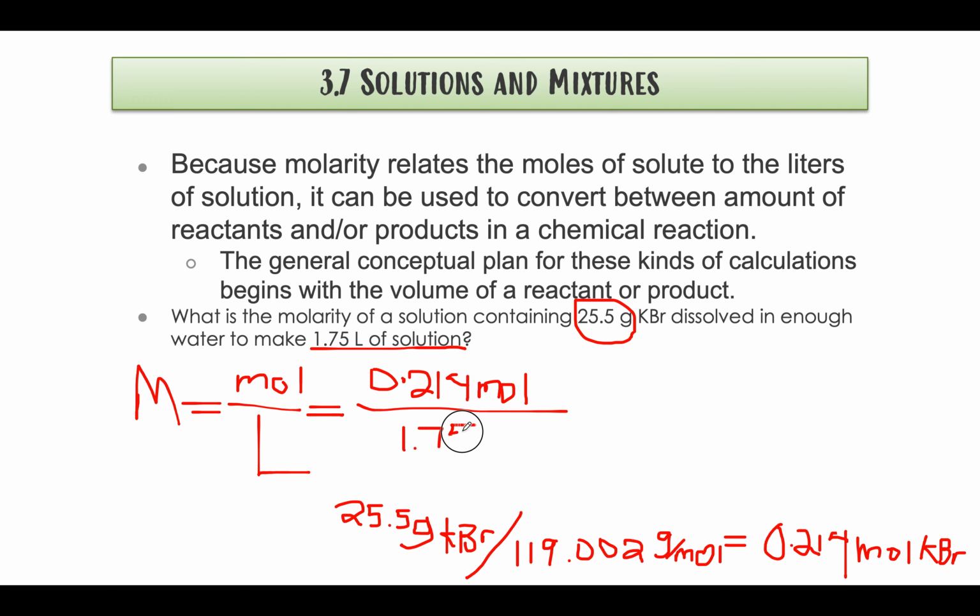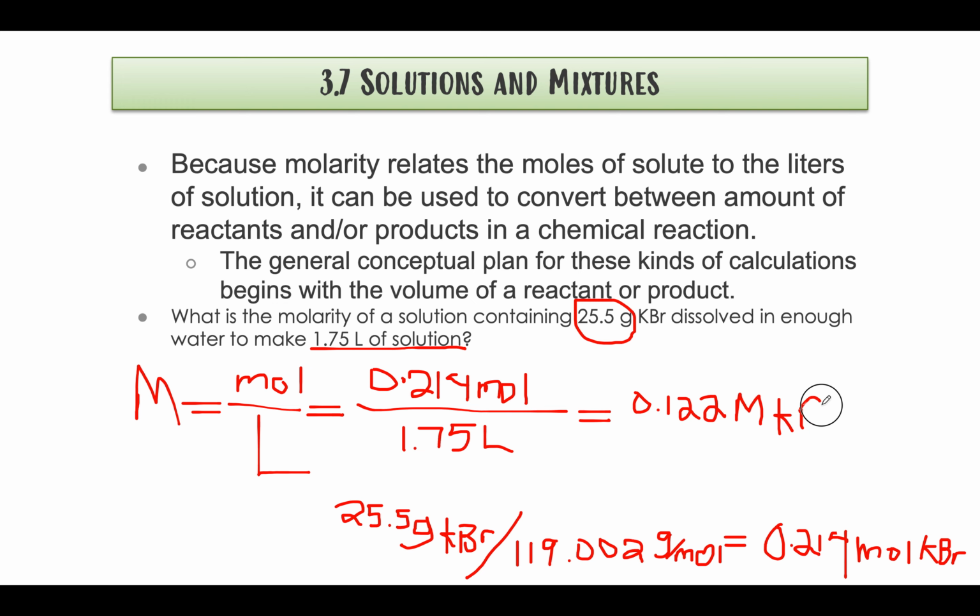So we divide that by 1.75 liters, and our molarity is going to be 0.122 molar, which is that M, potassium bromide solution.